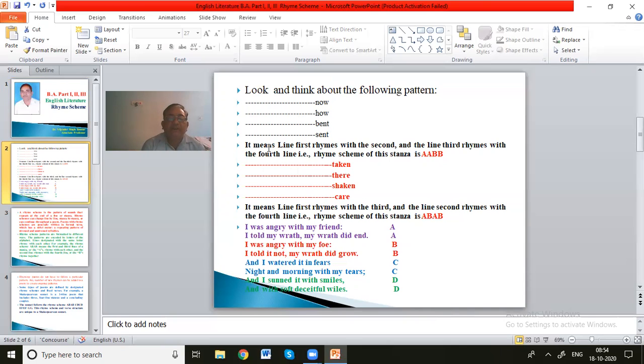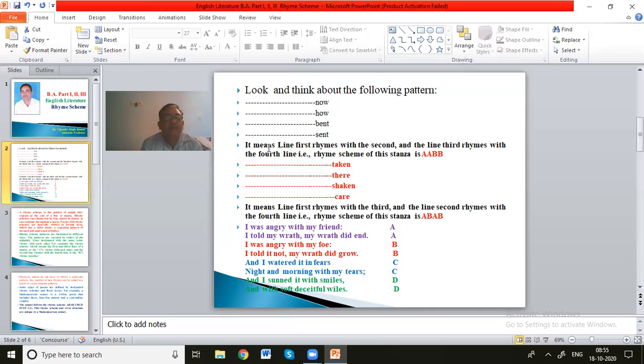They are different from "now," so we cannot use the letter A. Let us say the letter is B. Then what will be the rhyme scheme in these four lines? A, A, B, B. When we write A, A, B, B, it means the first line rhymes with the second and the third line rhymes with the fourth. That is the rhyme scheme of this stanza.